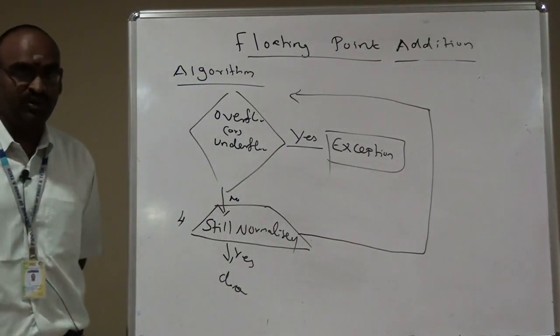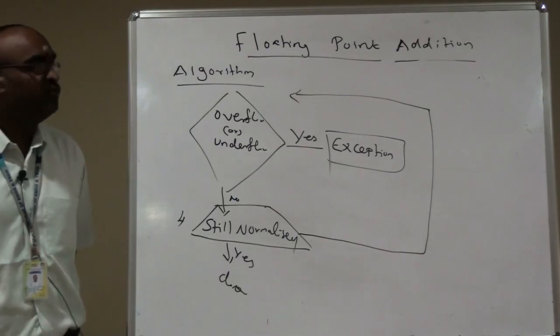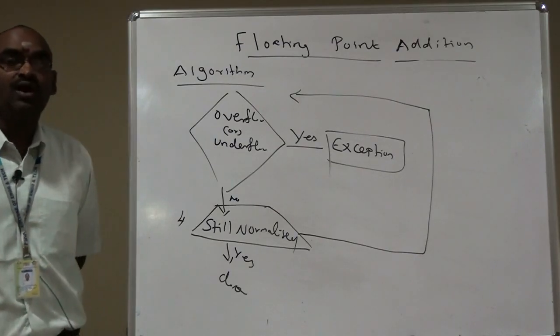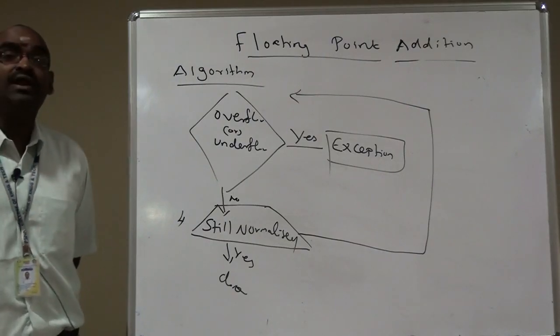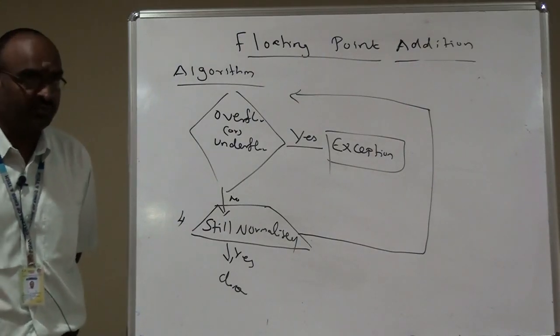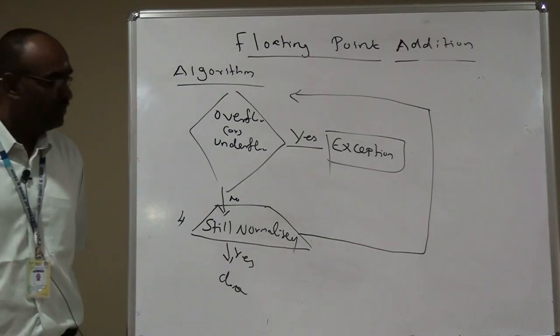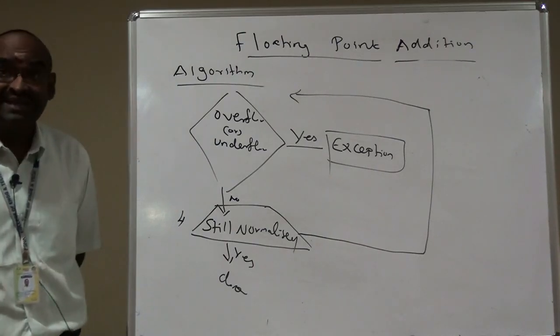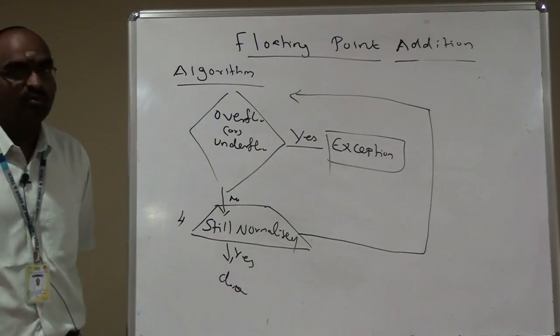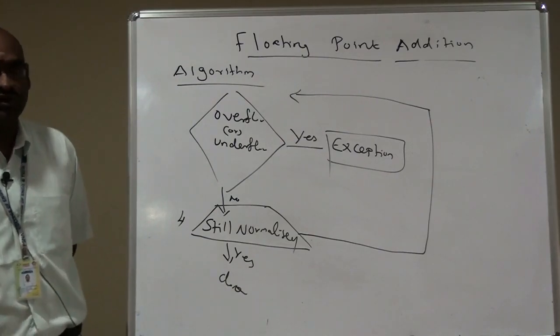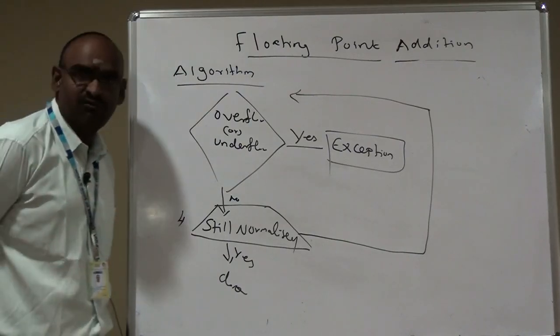This is the algorithm, very simple. There are 4 steps we must follow for floating point addition. The first one: compare the exponents and equalize them. The smaller exponent should be equalized to the larger exponent. Then we add the significands, that is the fractional part of the floating point number. The third is normalizing the value, with no leading 0. Then we check for overflow or underflow.